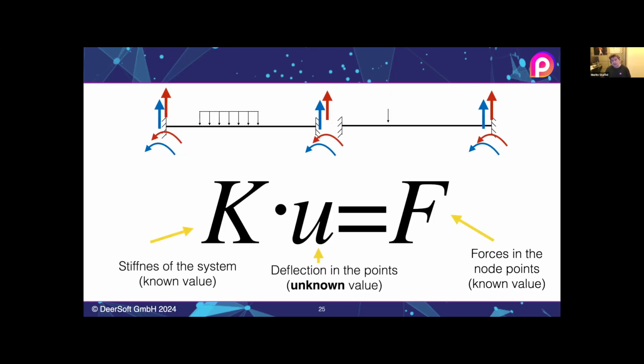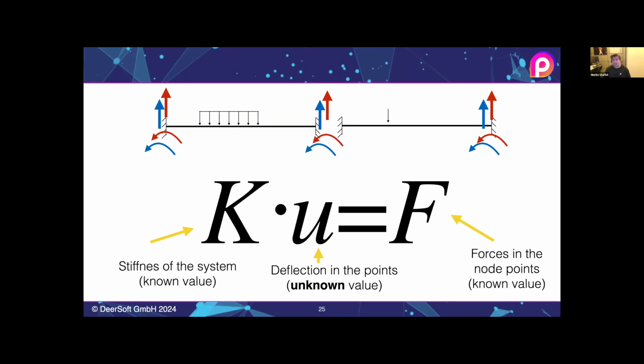The last part is putting it all together. Each individual small 2D FEA element will be added together. And what you immediately see is that the deflection at the end of truss 1 equals the deflection at the start of truss 2.